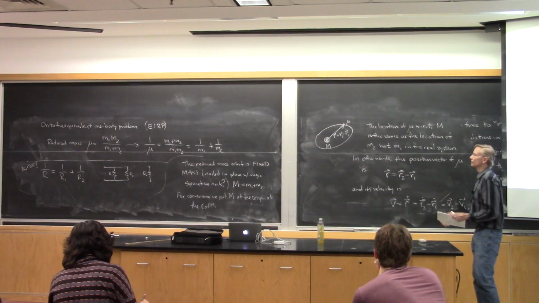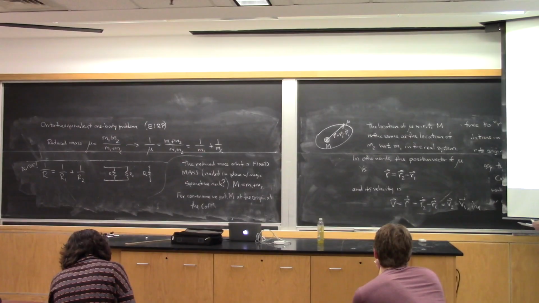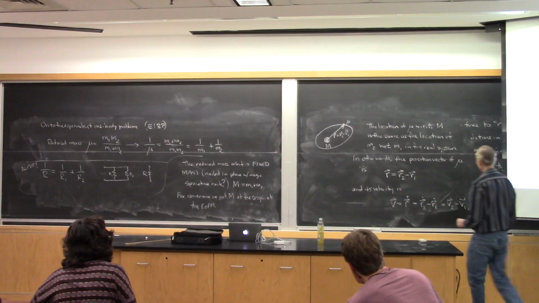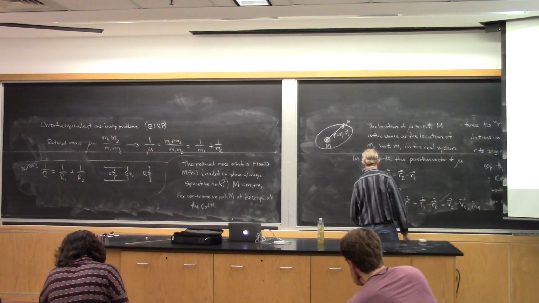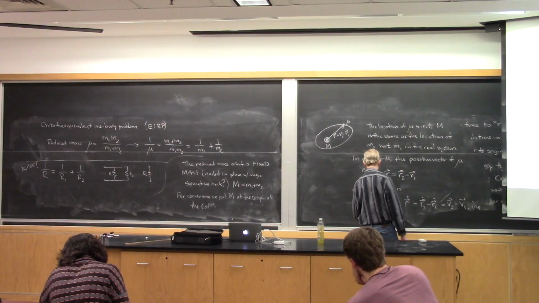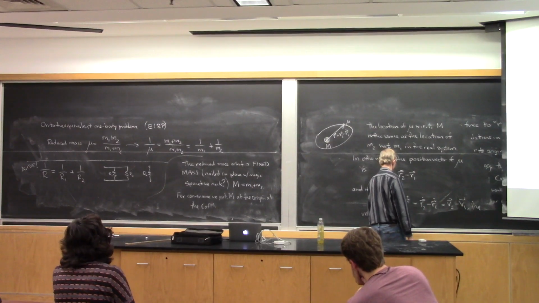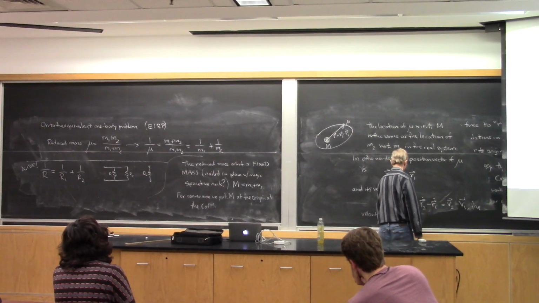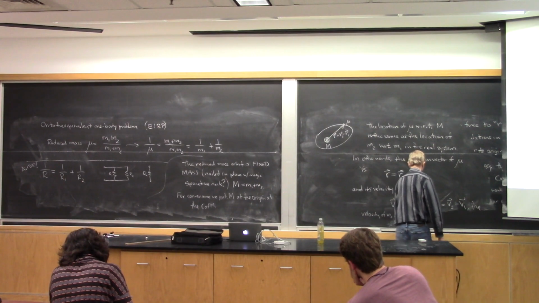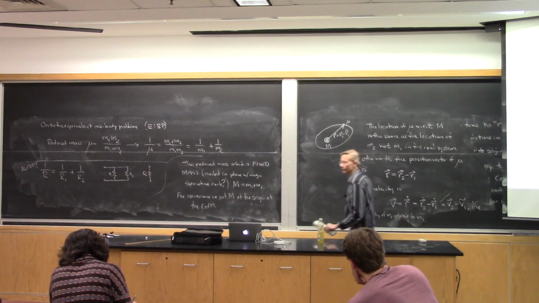But in the equivalent one-body problem, capital M is at the center of mass and mu is orbiting that. So this is the velocity of M2 relative to M1. What questions do you have?